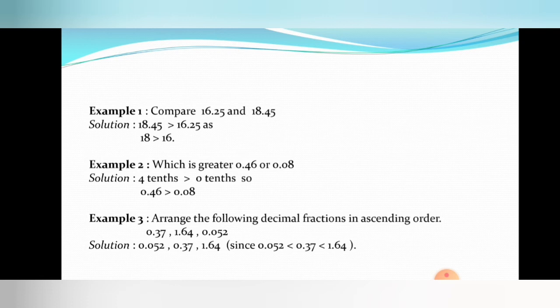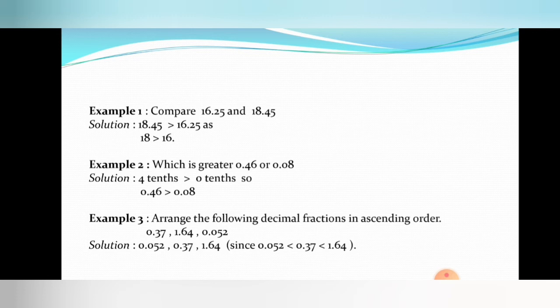Okay. Then the next one is example 2: which is greater, 0.46 or 0.08? Let us see in the solution. The whole number part is 0 in both the numbers, right? So next we need to go to the decimal places.